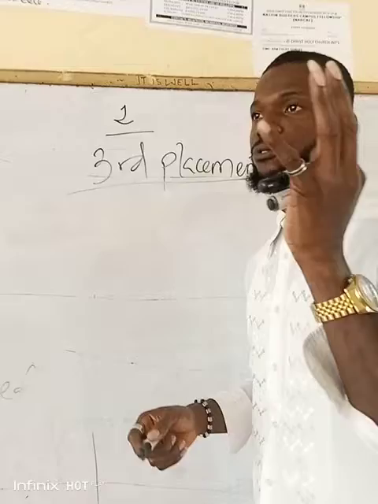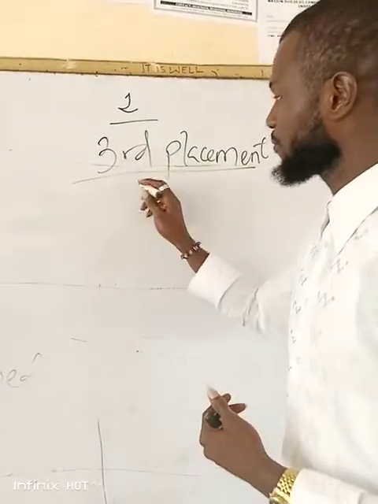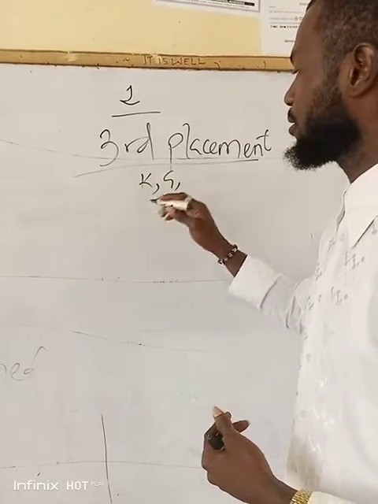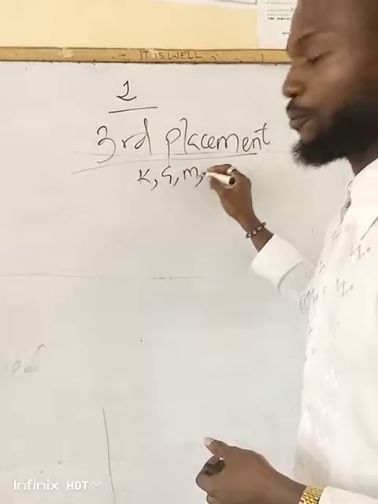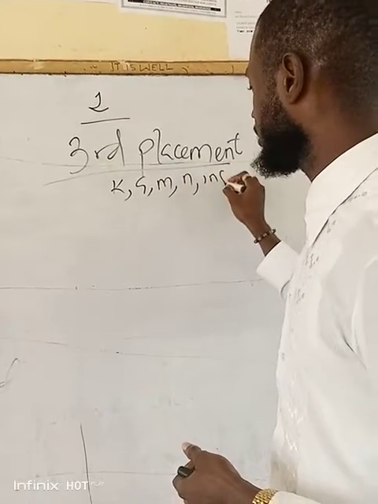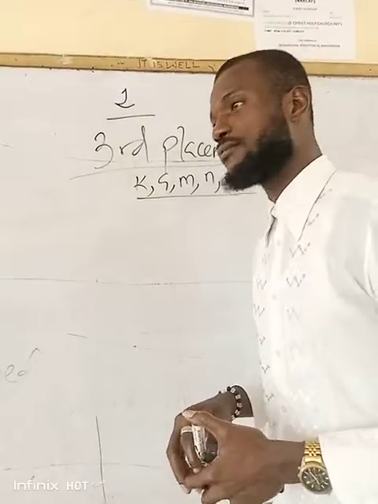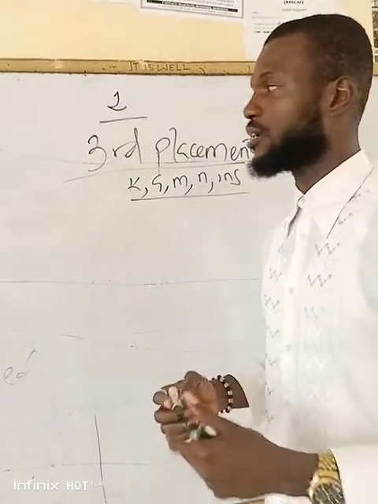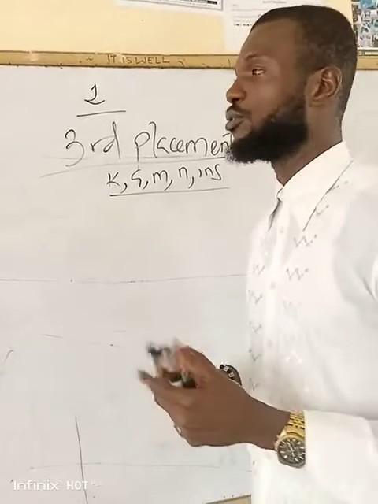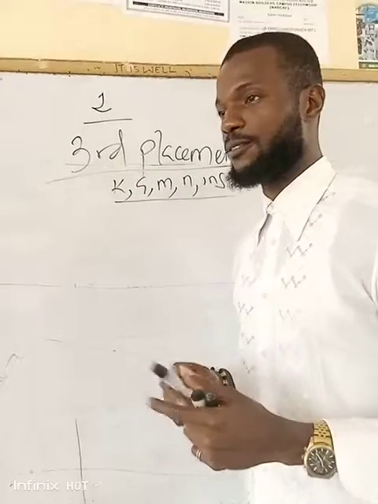We have 5 horizontal strokes: your K, your G, your M, your N, and your ing. Now, these 5 horizontal strokes, strictly, do not obey the rule of the third placement.